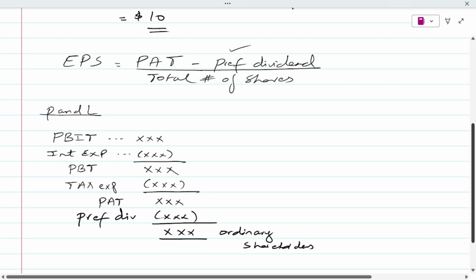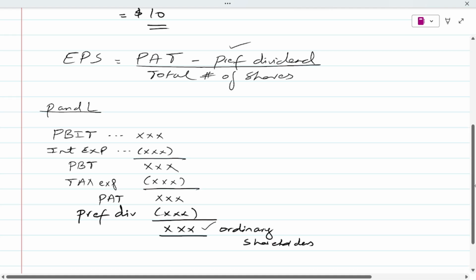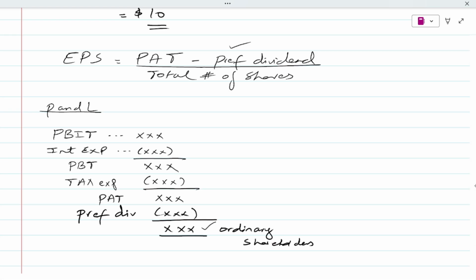I already told you that in the numerator we always take the profit after subtracting the preference dividend, so we are taking the profit which belongs purely to the ordinary shareholders. Then we divide it by the total number of shares to get our earning per share, or the EPS. I hope you are now developing the concept of what EPS is and how we calculate EPS as per our syllabus.